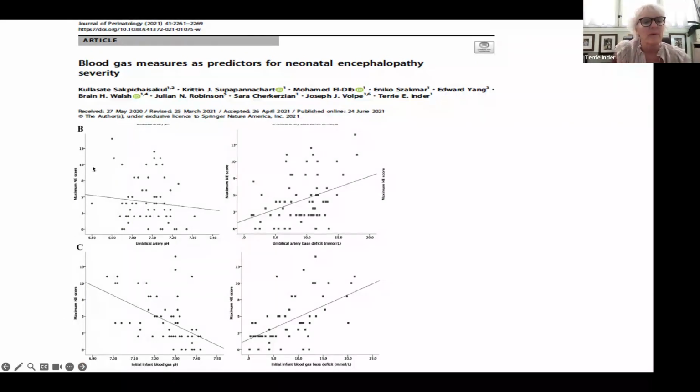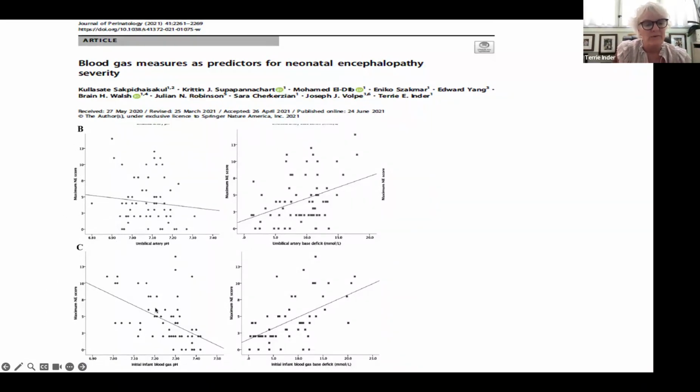So this is a study we did, and on the top panels, you have cord measurements against the maximal encephalopathy score. And on the bottom, you have the baby's initial blood gas taken within the first hour of life against the neonatal encephalopathy score. And what you can see here is that the umbilical arterial pH had actually no relationship to how encephalopathic the baby was.